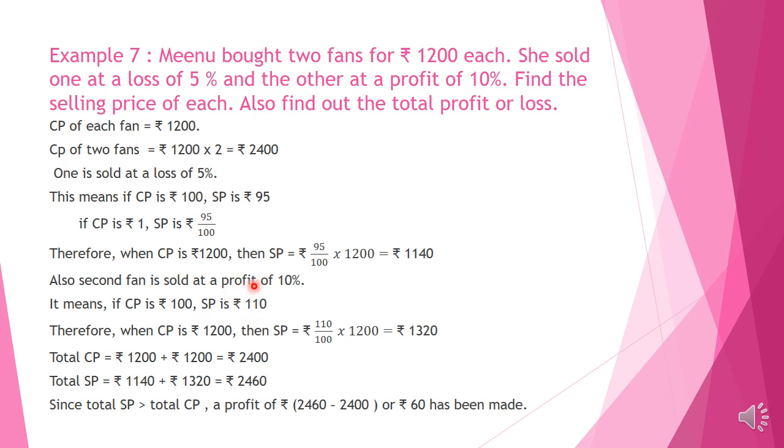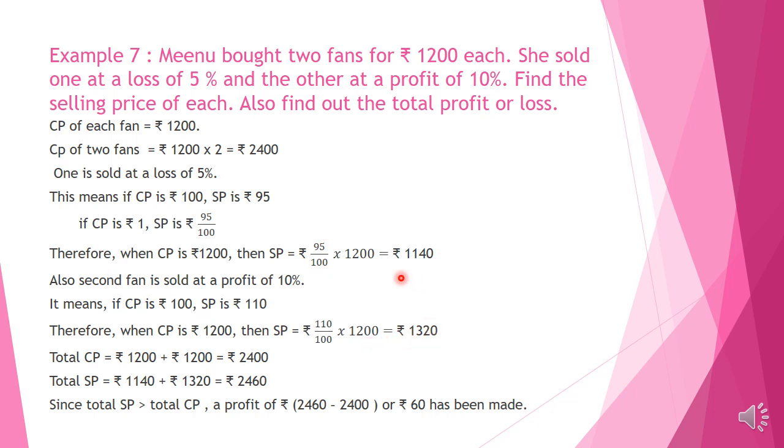In profit we have to add 10. Therefore when CP is rupees 1, SP is 110 by 100. That step I did not write here. Therefore, when CP is rupees 1,200, then SP equals 110 divided by 100 into 1,200, and on simplification you get the answer rupees 1,320.